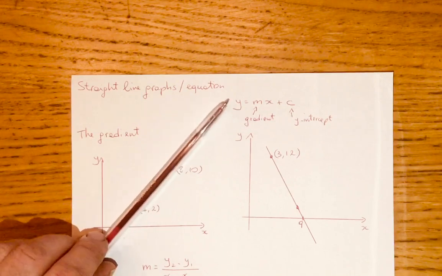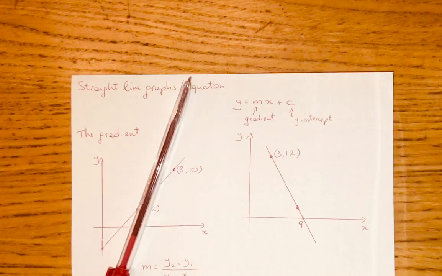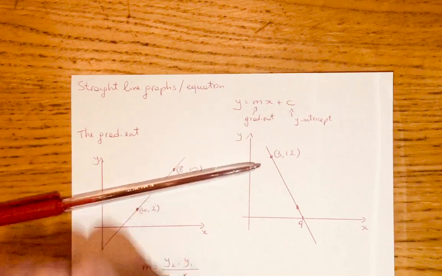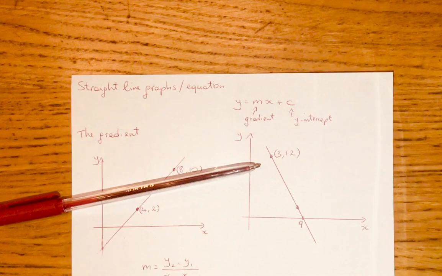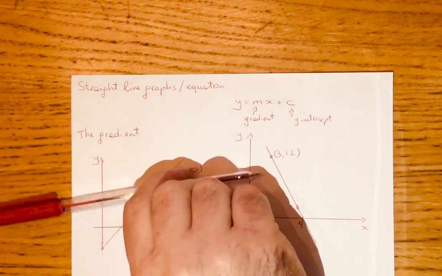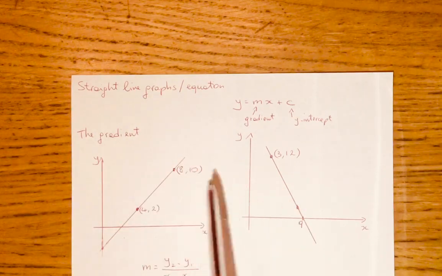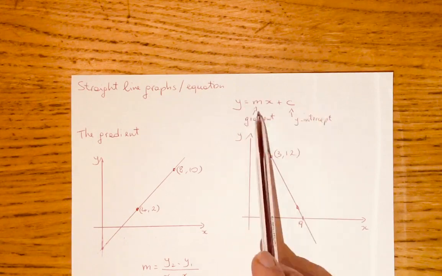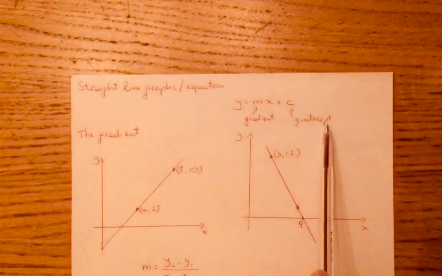The steeper the line is, the bigger the gradient is. The smaller the steepness of the line, the smaller the gradient gets. It could be a positive or negative number or a fraction. It's just a number. And c is the y-intercept.